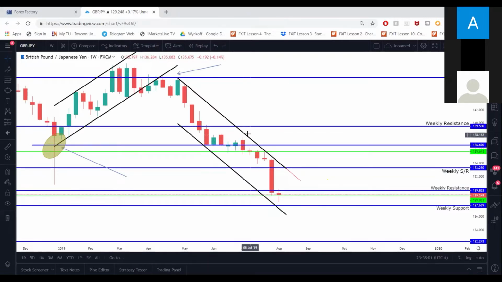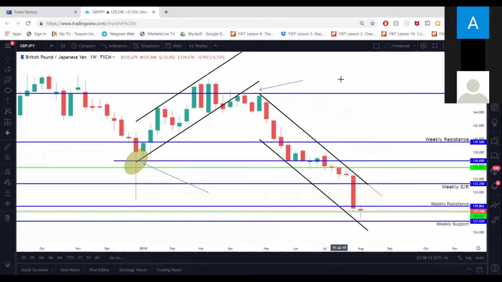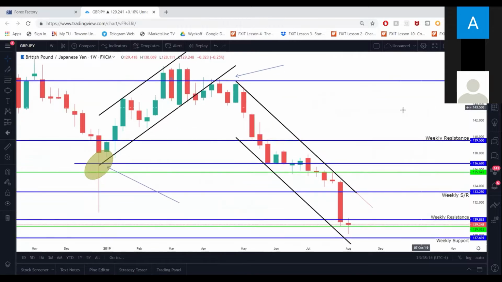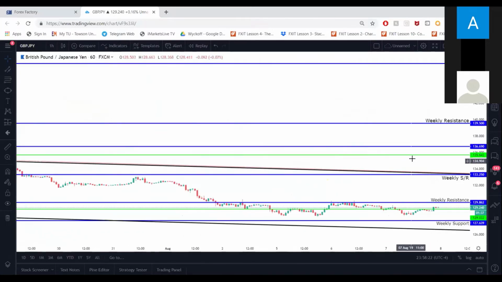Buying in a bearish trend is counter trending, and the same goes for selling in a bullish trend, which we had here. You definitely want to go with the trend, especially if you are new to trading, because you're going to have a much higher winning percentage. That was the answer to the first part of your question.